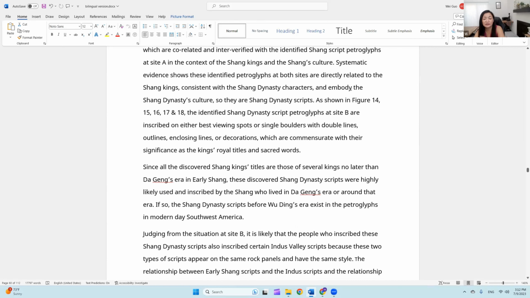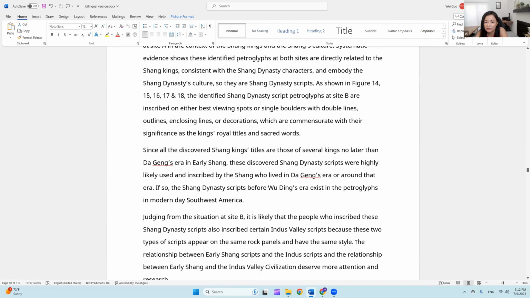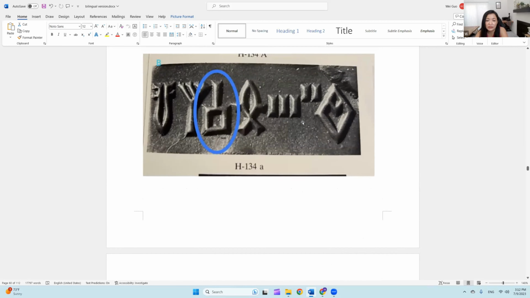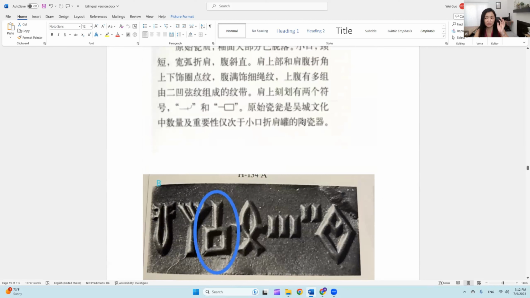So they are Sun Dynasty scripts. As shown, the Sun Dynasty scripts at site B are inscribed at the best viewing spots, like the characters for the King's titles, King Dajia and King Ren. All these characters were put on the best viewing spots. So it makes sense, right?